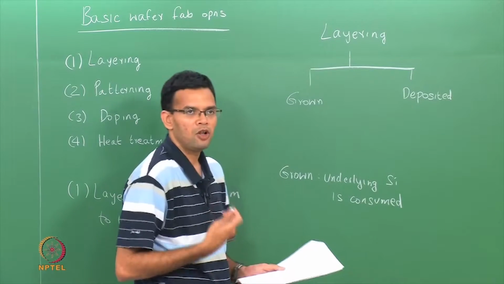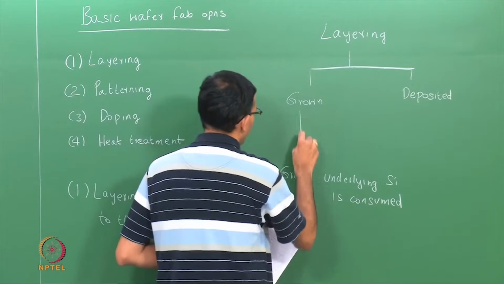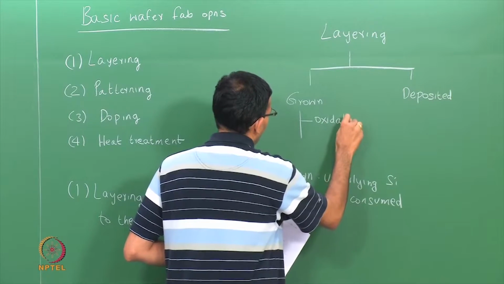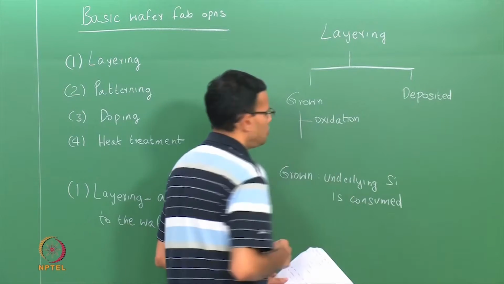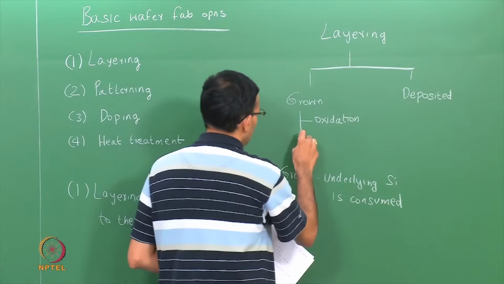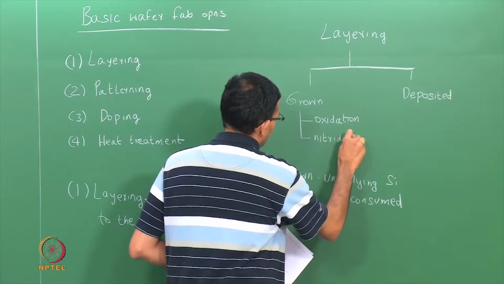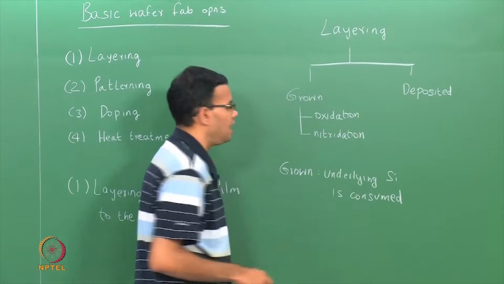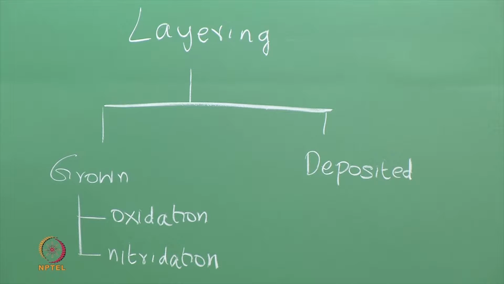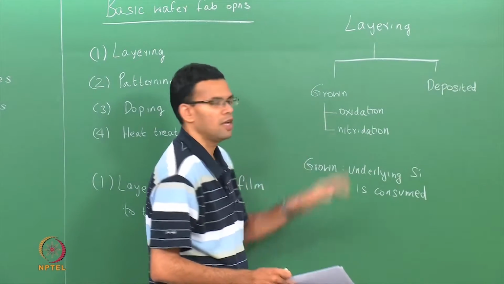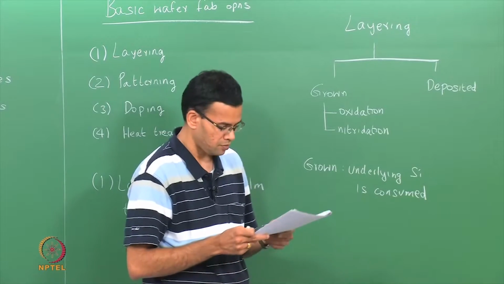An example of a grown film can include oxidation, in which case you are forming an oxide layer by consuming the silicon. You also have nitridation, where instead of forming an oxide layer you are forming a nitride layer, but in either case the silicon in your wafer is consumed in order to form the oxide or the nitride layer.